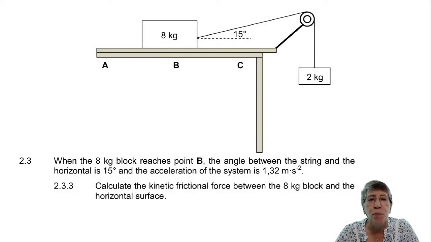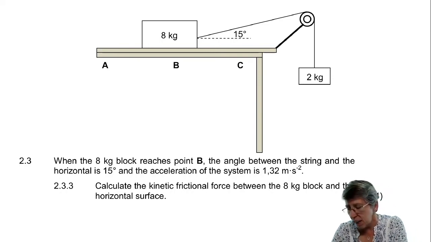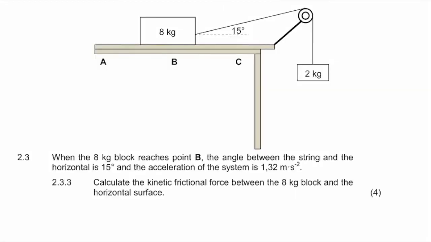In 2.3.3, they ask us to calculate the kinetic frictional force between that 8 kilogram block and the horizontal surface. So let's look at the forces first. Now we've calculated the tension in the rope there, and that tension was 16,96 Newton. And remember, in a rope, the tension on both sides are going to be equal.